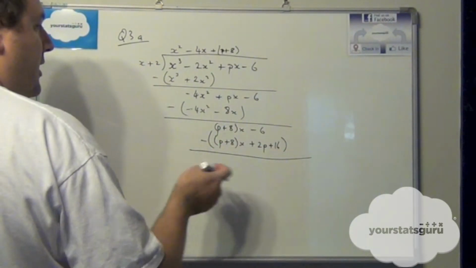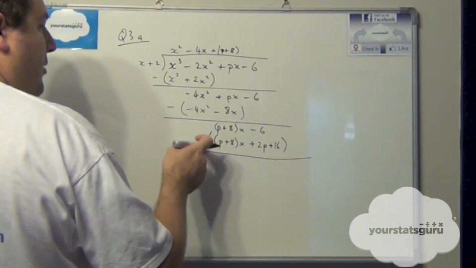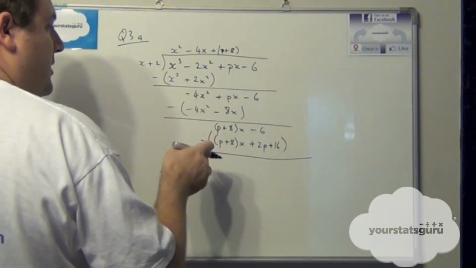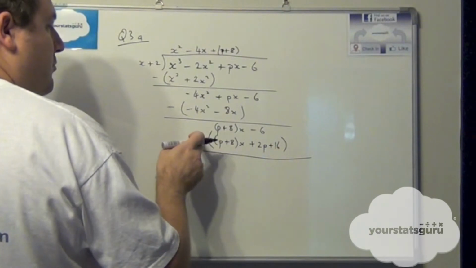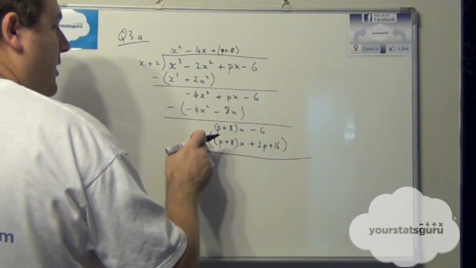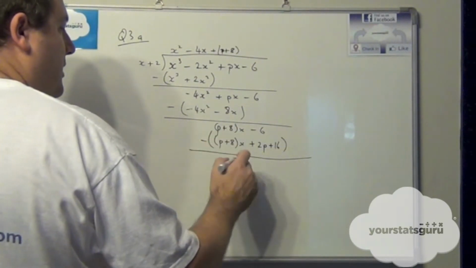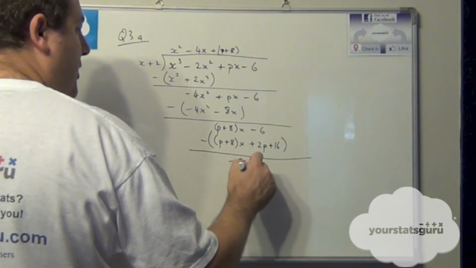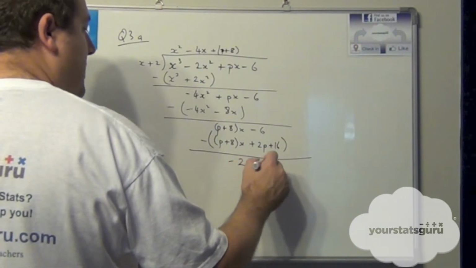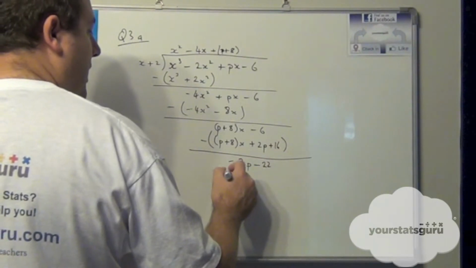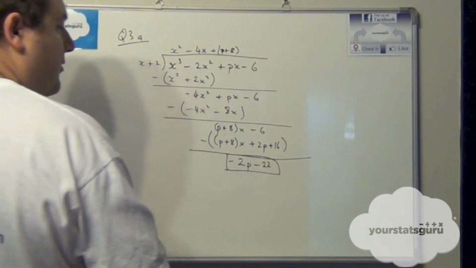So p plus 8x minus p plus 8x disappears. Negative 6 minus 2p minus 16 gives me minus 2p minus 22. And that is the remainder.